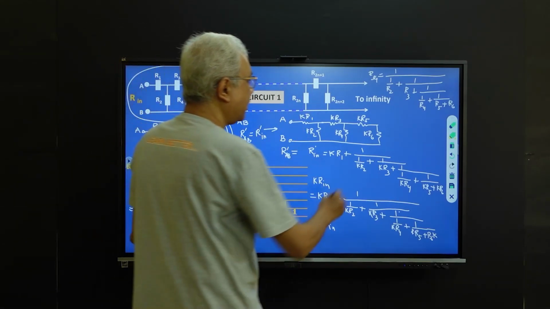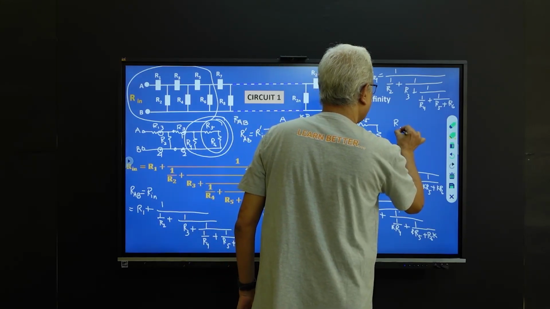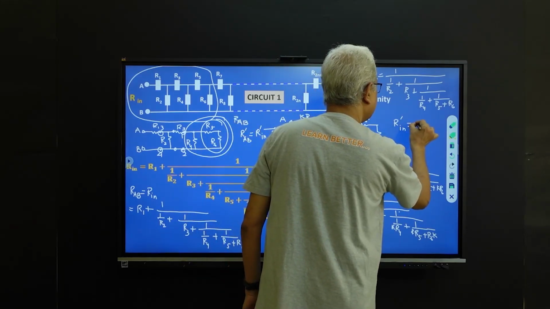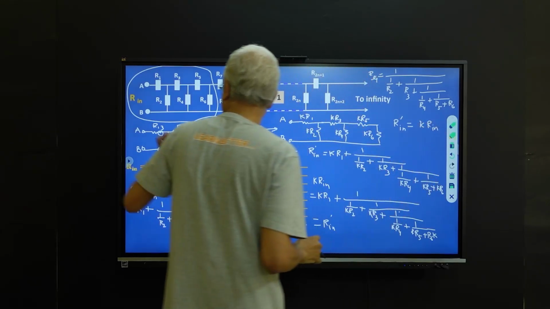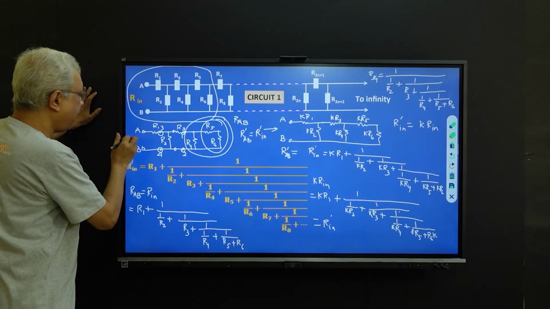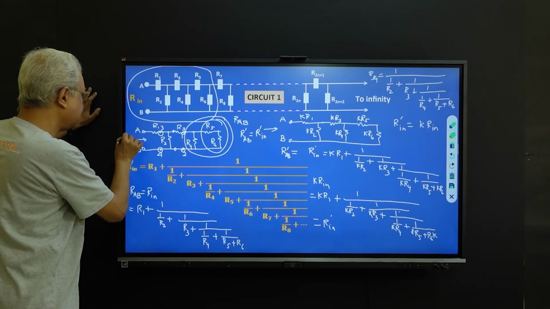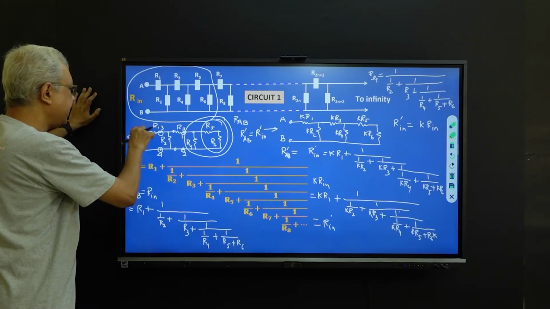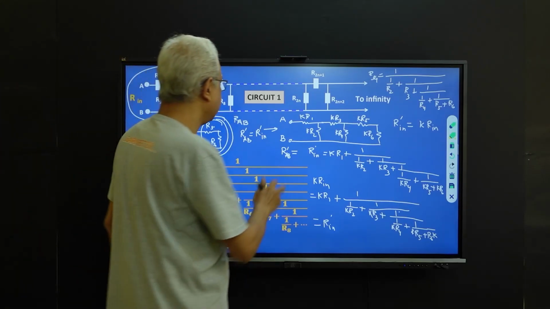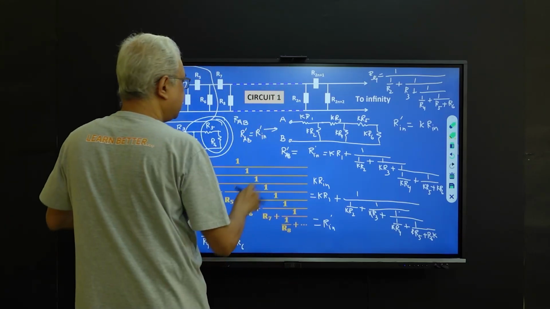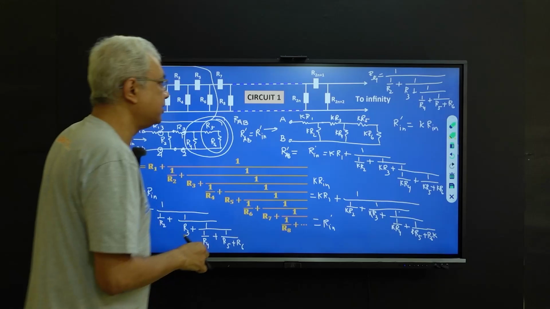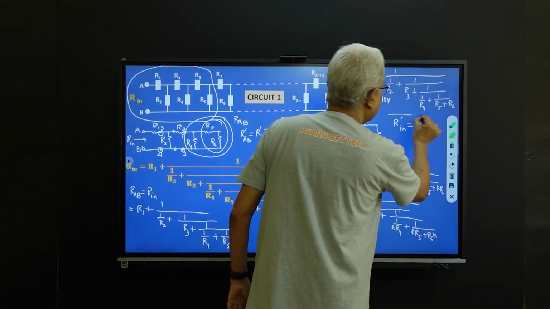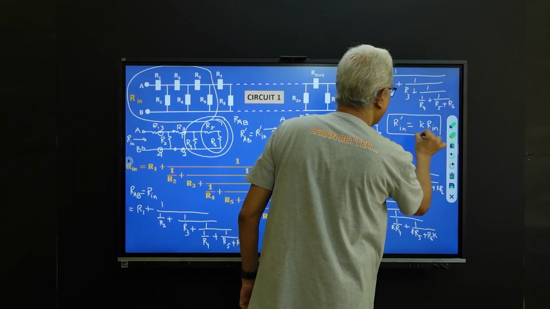Okay, so R dash AB is equal to K times RE. So if RE is the equivalent resistance between AB in this circuit, and if R dash is the equivalent resistance between A and B in this circuit, then R in dash is K times R in.